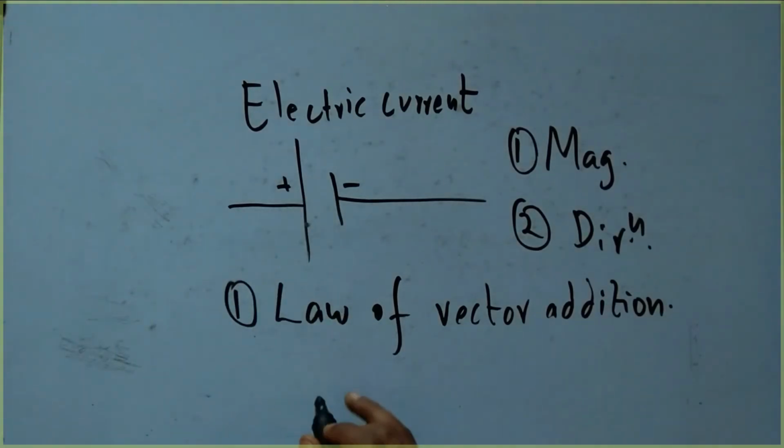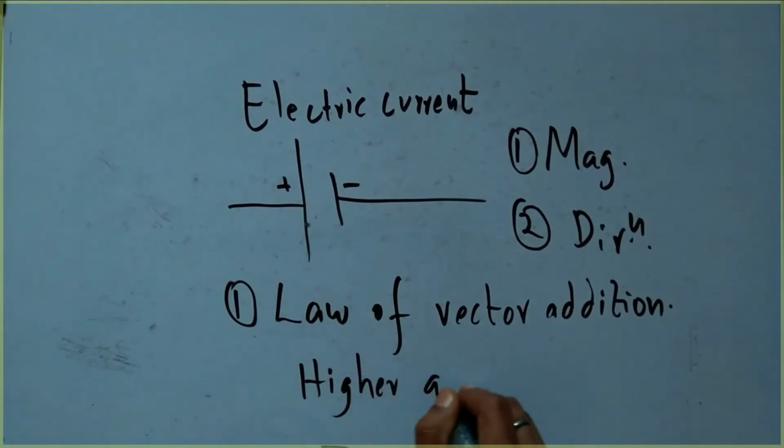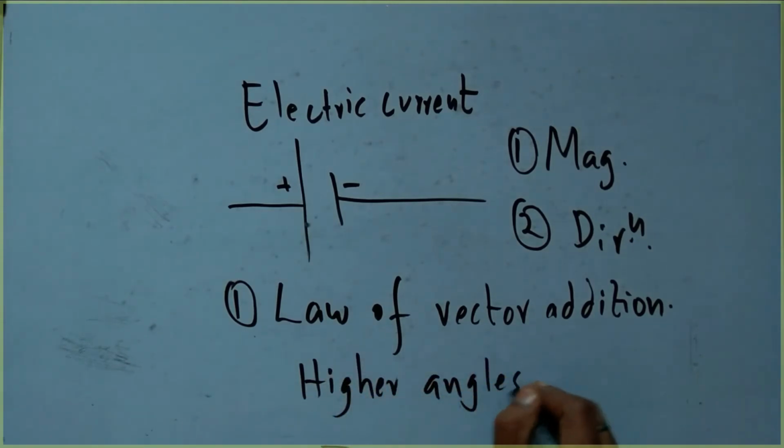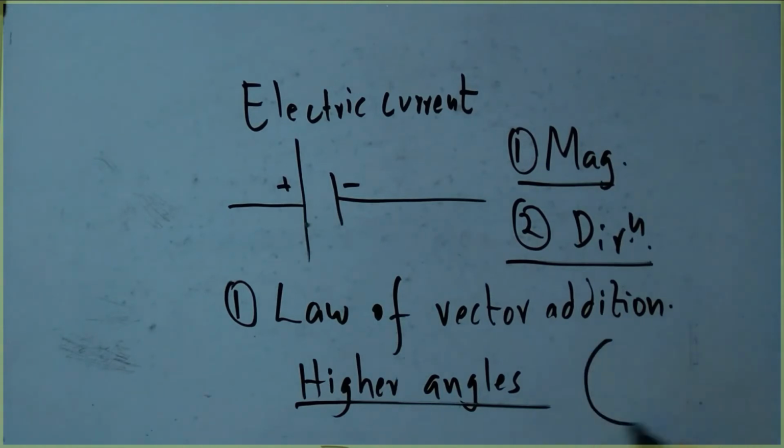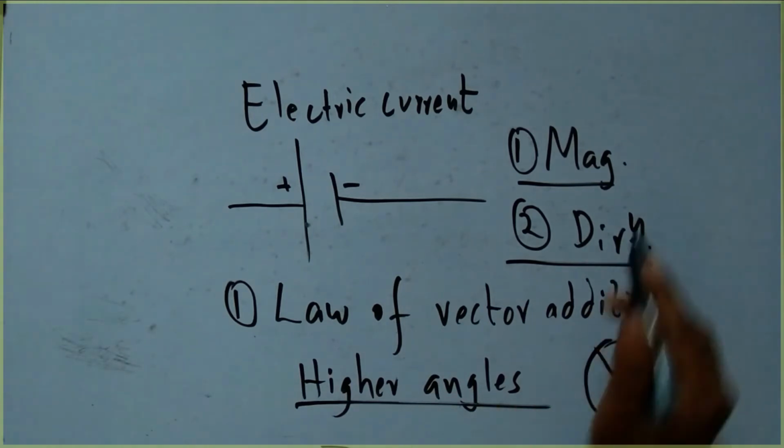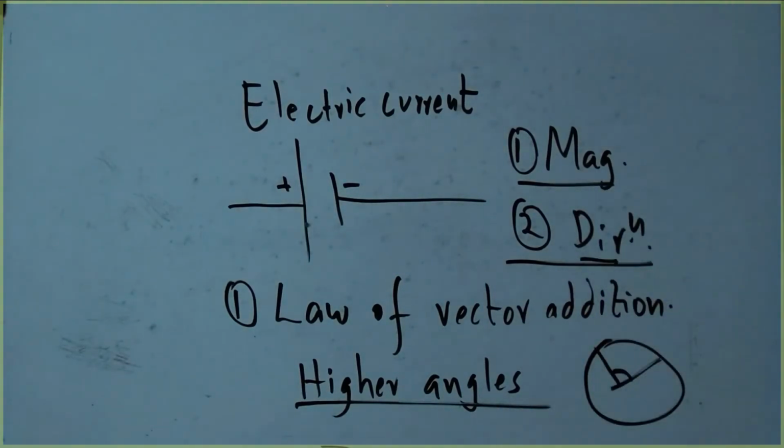Same is the case with finite angles. Finite angles have both magnitude and direction, but even though they are not vector quantities, because they don't follow the law of vector addition.